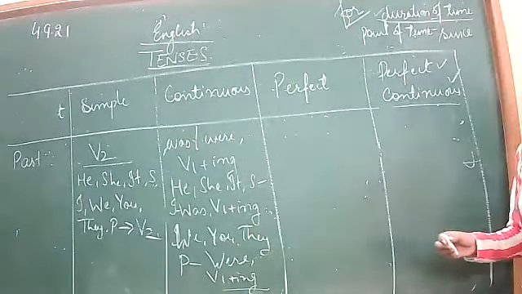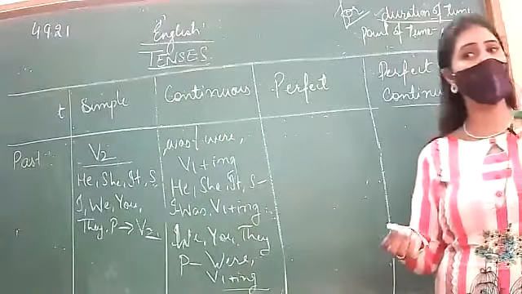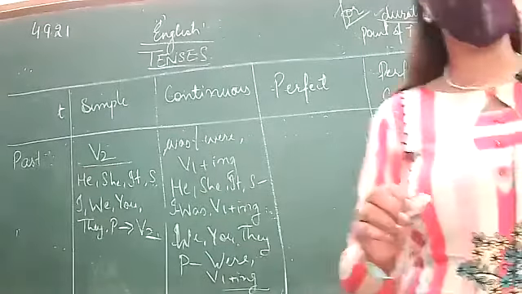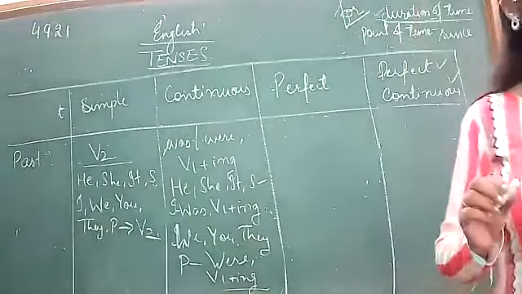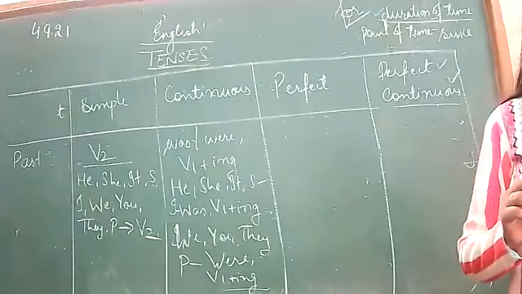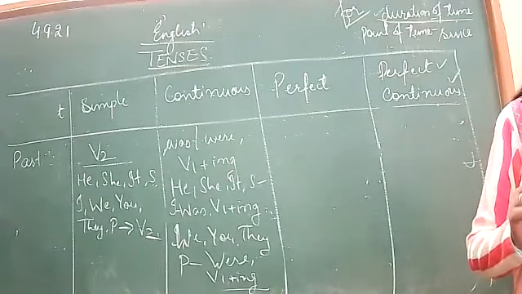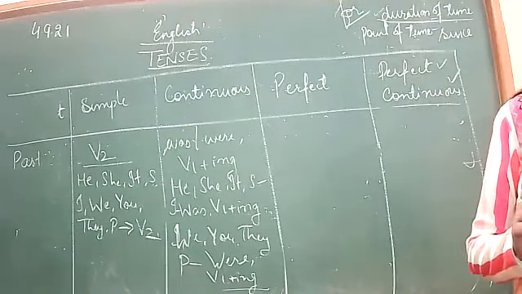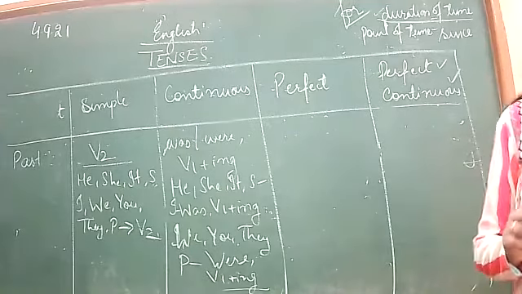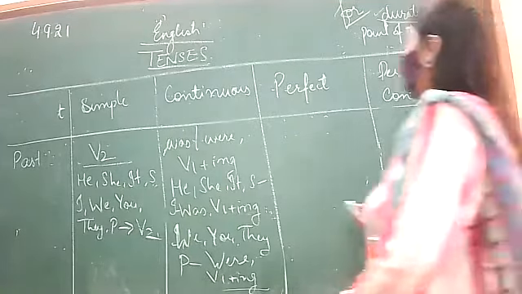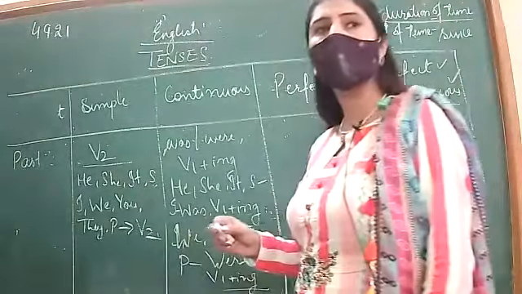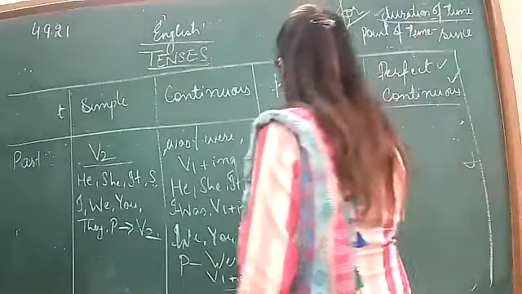So next coming up to perfect tense. Perfect means we are sure. So what we are sure of? We are sure that it has started in the past and it has completed in the past. Okay. What we are using?